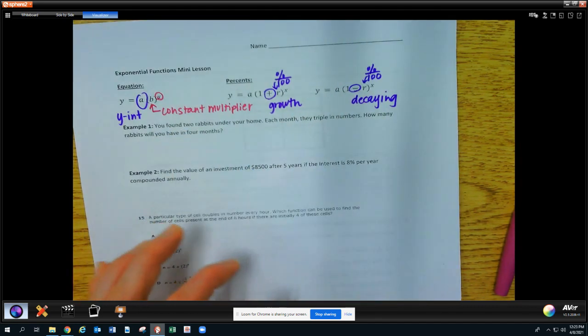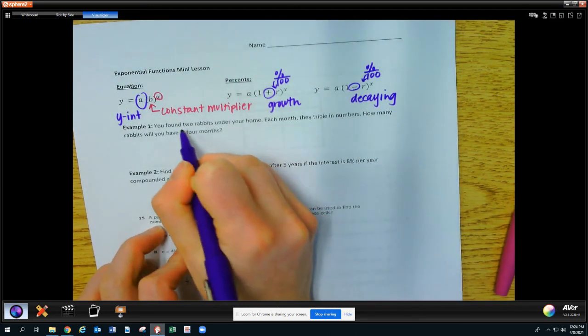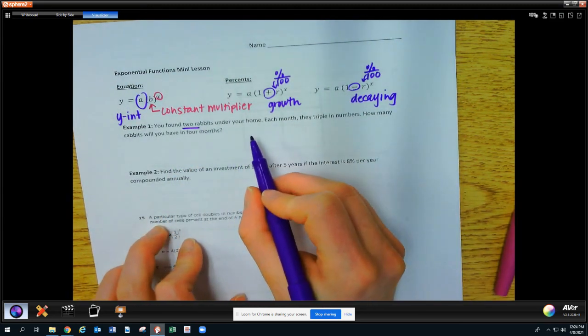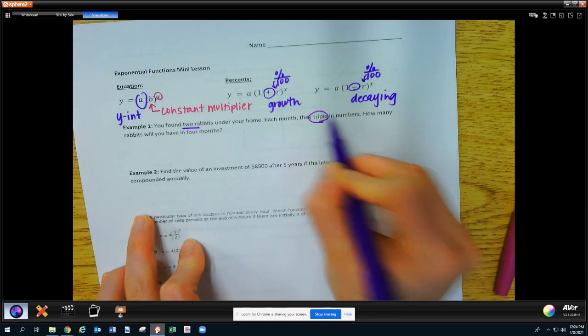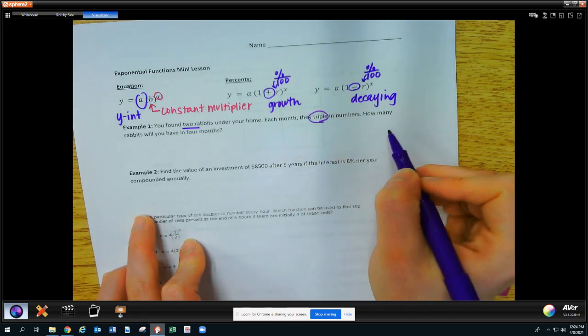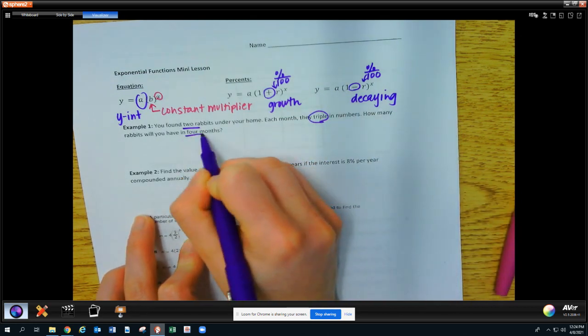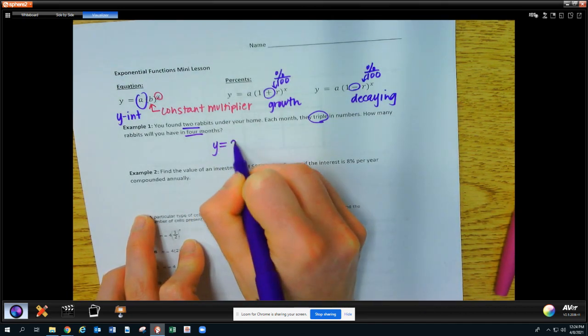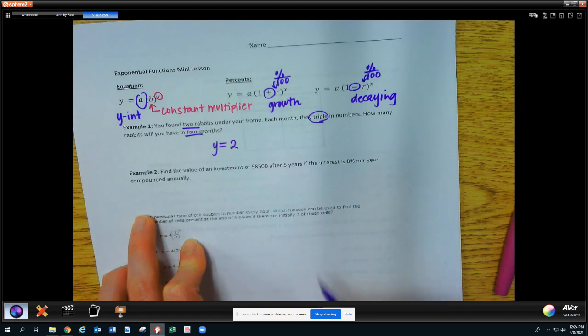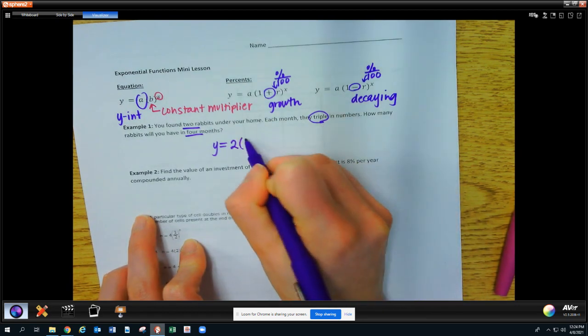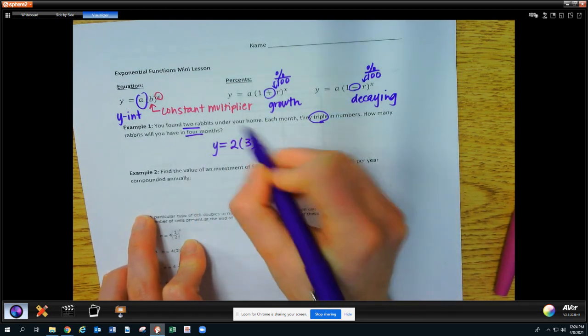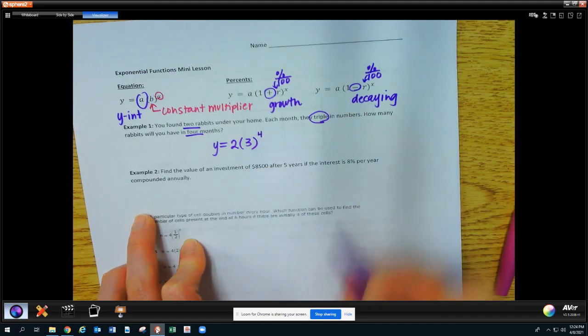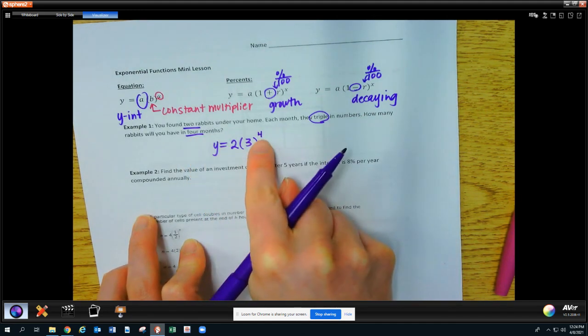Okay, so starting with example 1. You found 2 rabbits under your home. Each month they triple in numbers. How many rabbits will you have in 4 months? Our starting value or y-intercept is 2. Our constant multiplier is 3. And our variable, the time, would be 4.